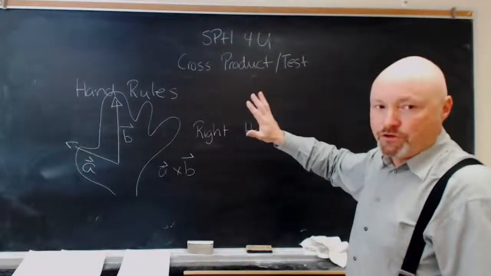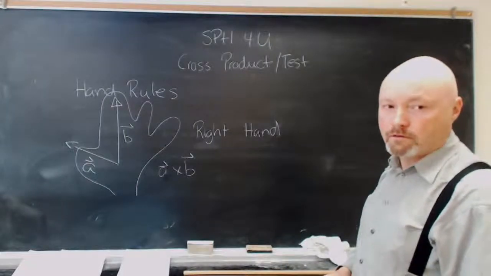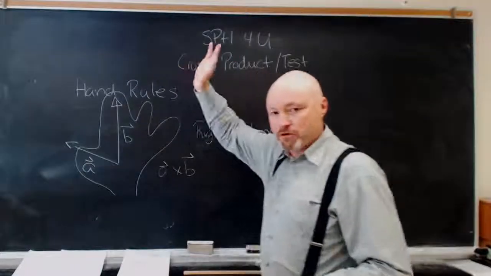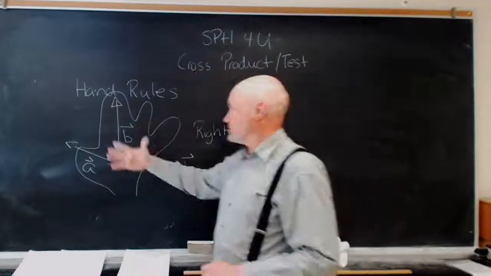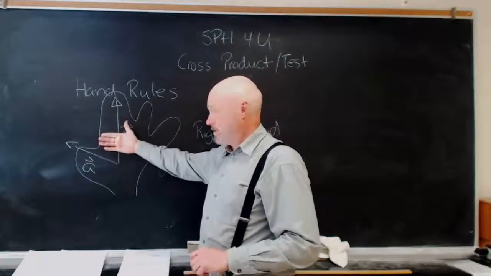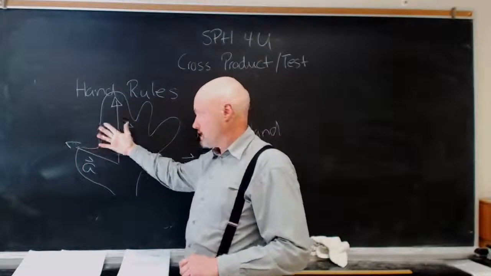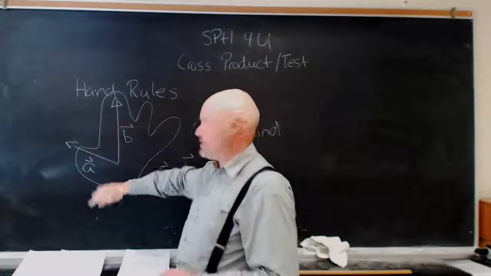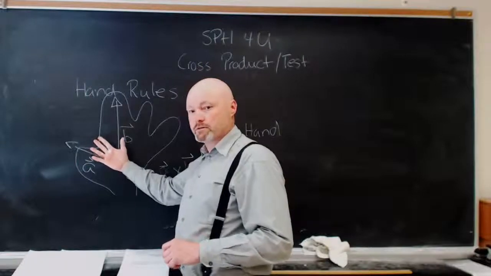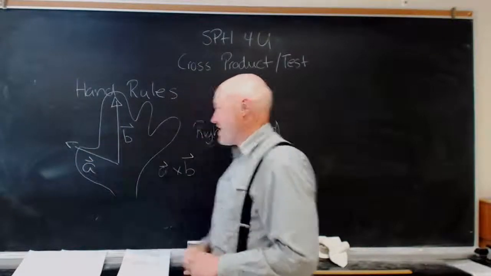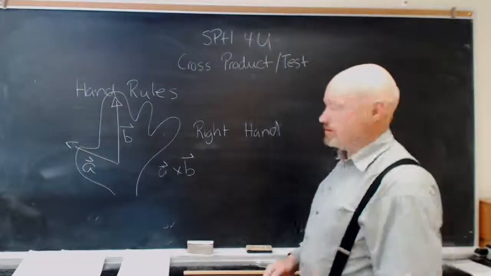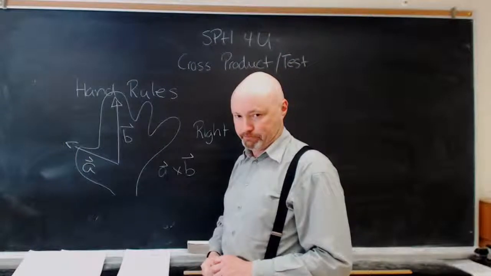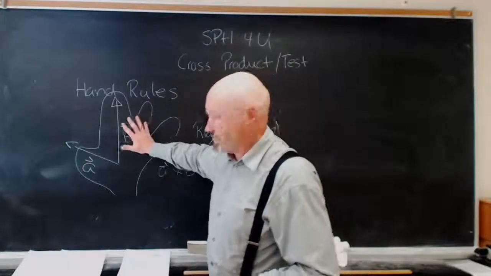If B was first, I'm going to put my thumb in the direction of B, and my fingers in the direction of A. You can turn your hand upside down. So your hand is either going to go that way for A cross B, or it's going to go that way for B cross A. And the cross product goes in the direction of your palm, the direction as if you're pushing.